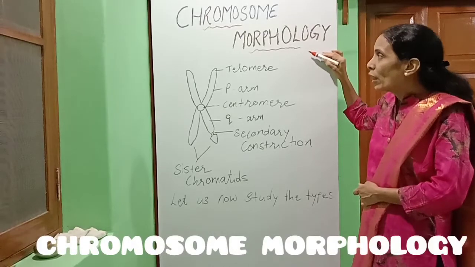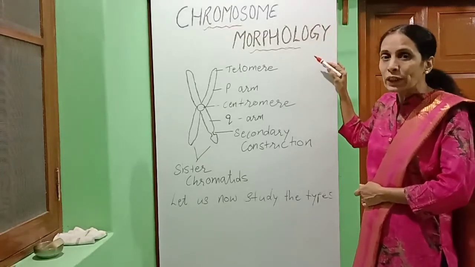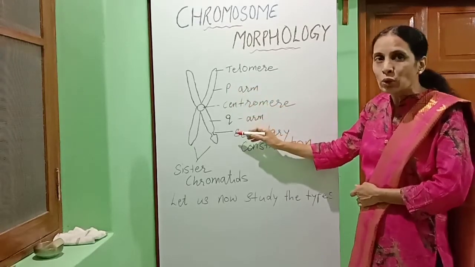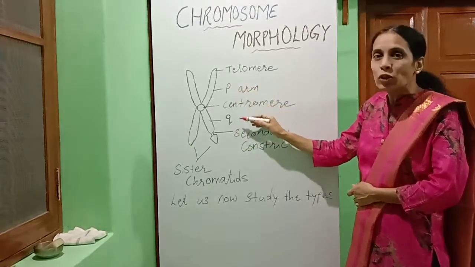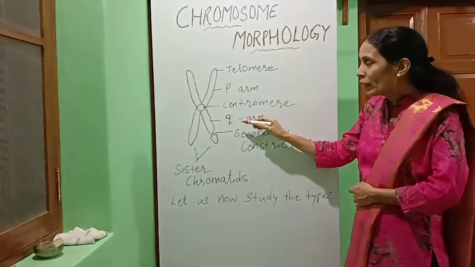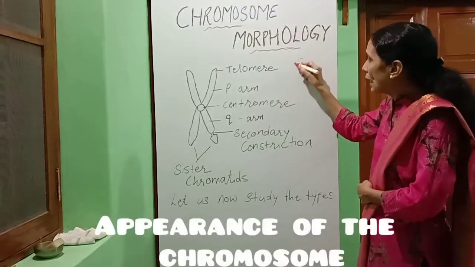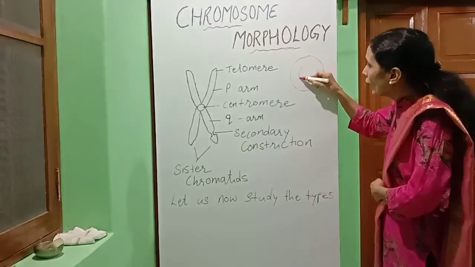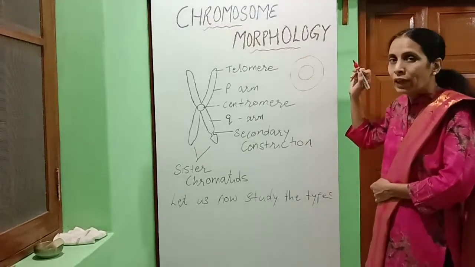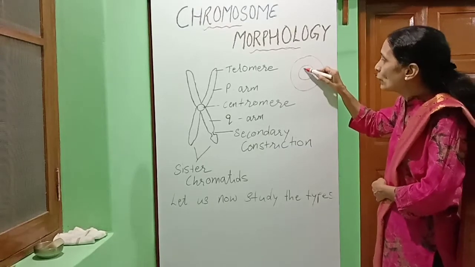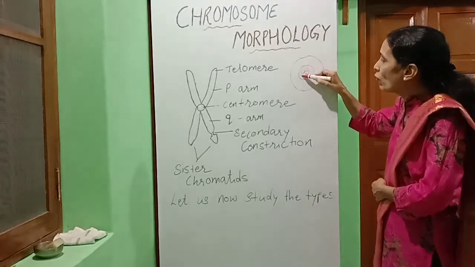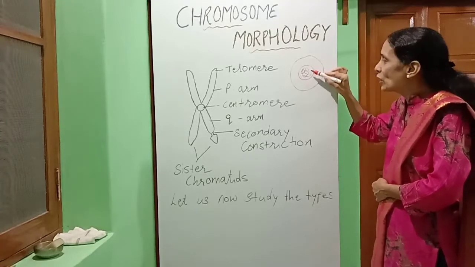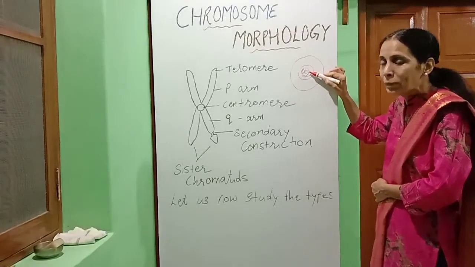Morphology. Chromosome morphology is the study of how the chromosome looks, the appearance of the chromosome. Generally, inside the cell, in the nucleus, the chromosome is present in the form of chromatin, which is thread-like.